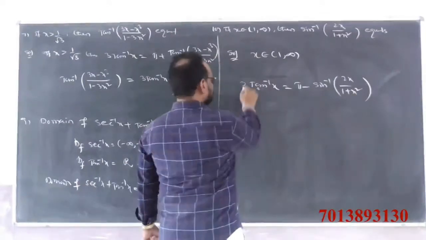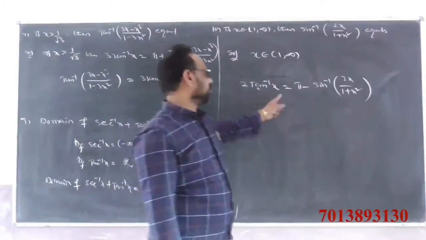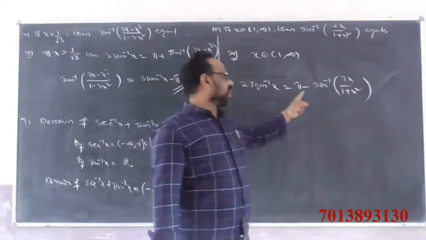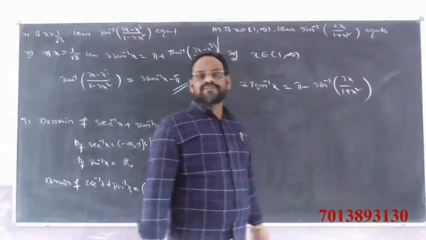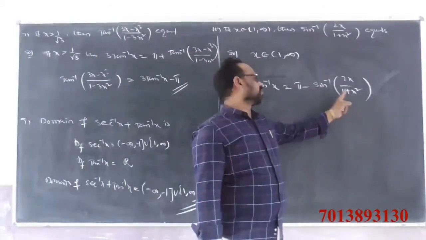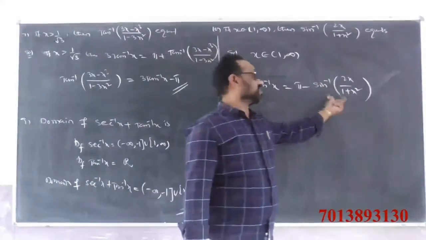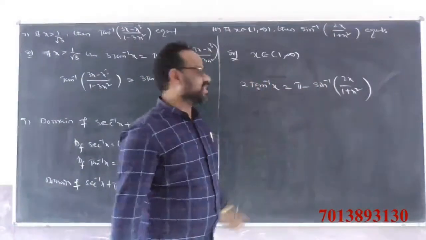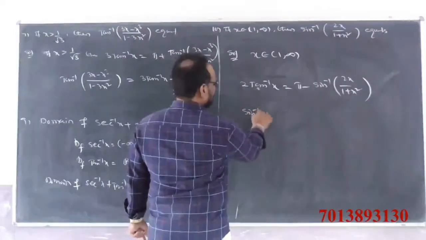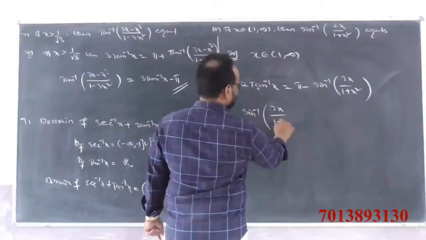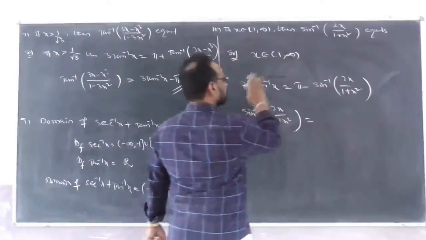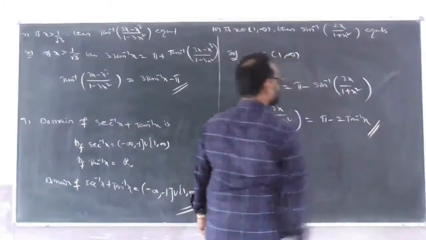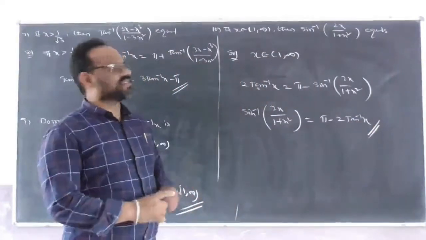Already we discussed in properties of inverse trigonometric functions that if x belongs to the open interval 1 to infinity, then 2 tan inverse x equals pi minus sin inverse of 2x by 1 plus x square. We want sin inverse of 2x by 1 plus x square. If we transpose this term, we get sin inverse of 2x by 1 plus x square equals pi minus 2 tan inverse x. Pi minus 2 tan inverse x is the answer.